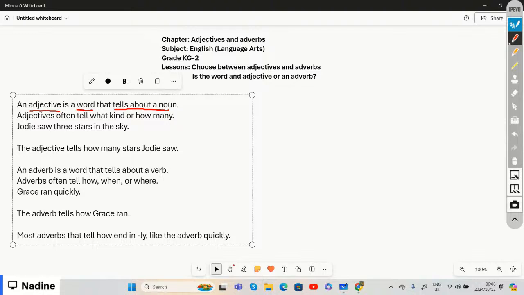Remember, nouns name people, animals, places, or things, which means that an adjective tells us about people, animals, places, or things. And adjectives often tell what kind, or they can tell you how many. Those are adjectives.